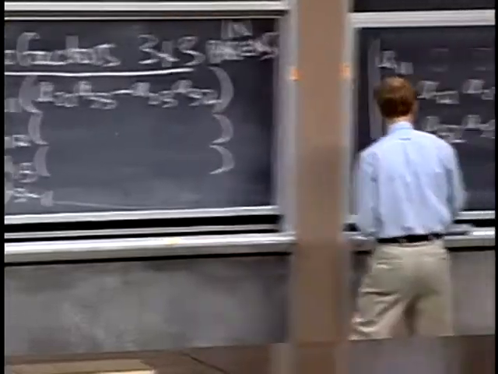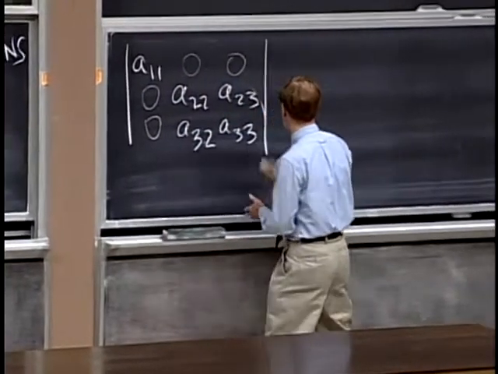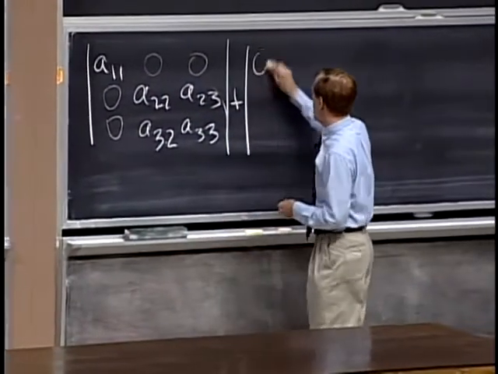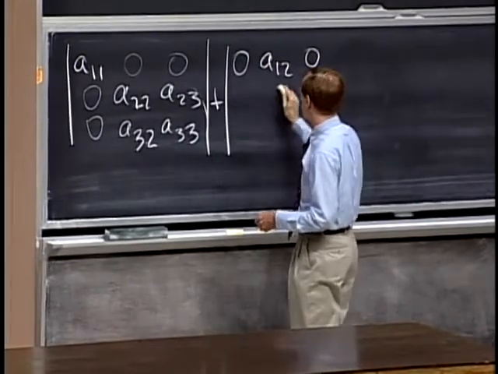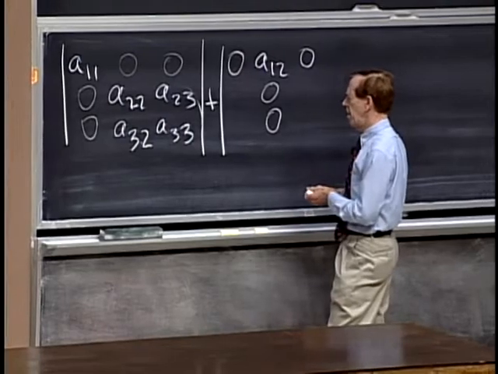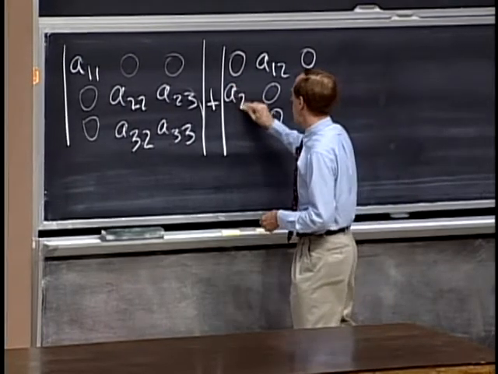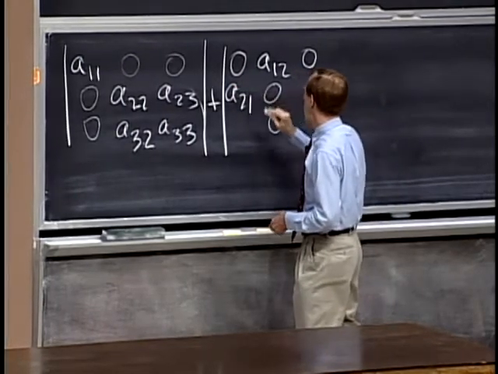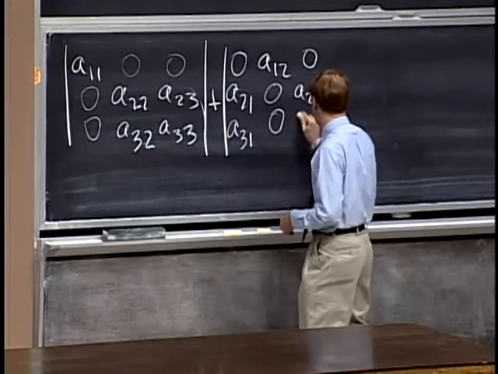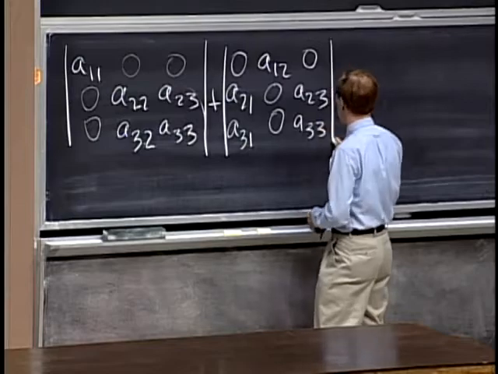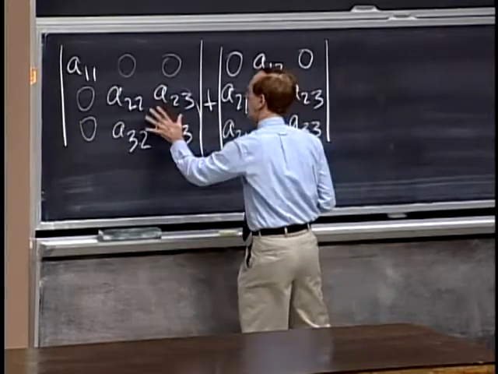Let's do the next one. When I use A12, I can't use that column anymore, but I can use A21 and A23, and I can use A31 and A33. So this one gave me A11 times that determinant.